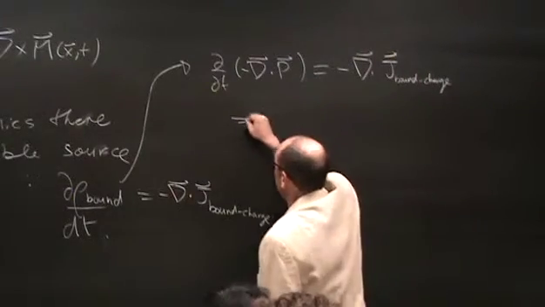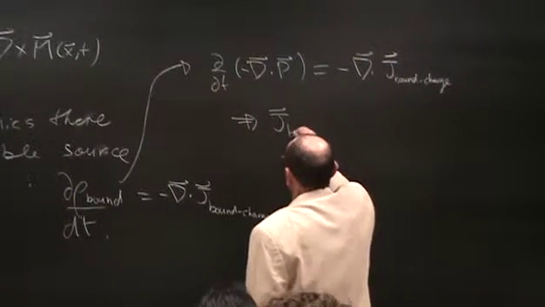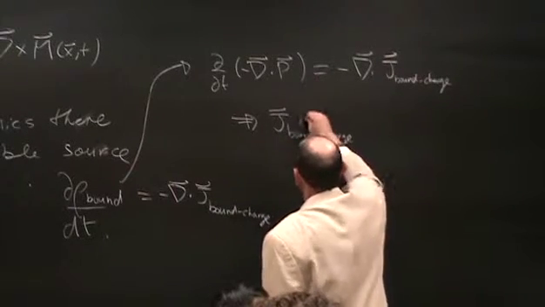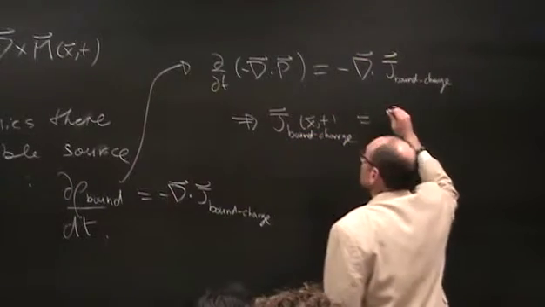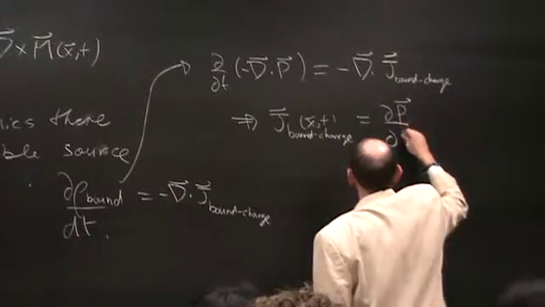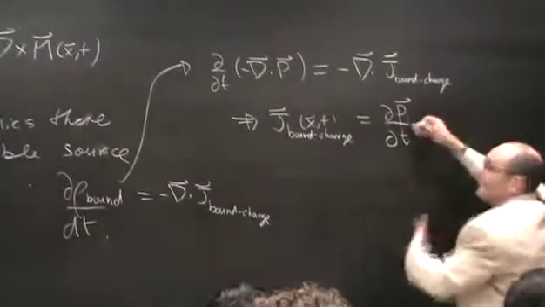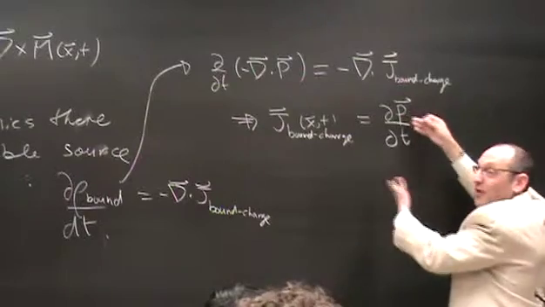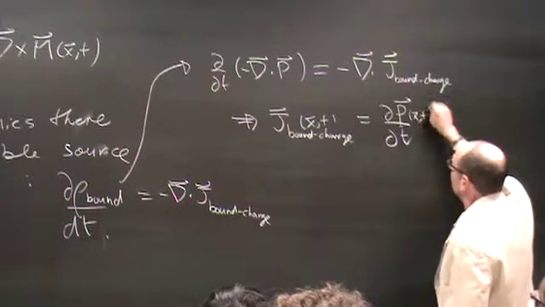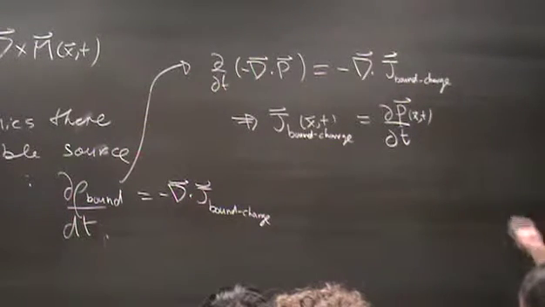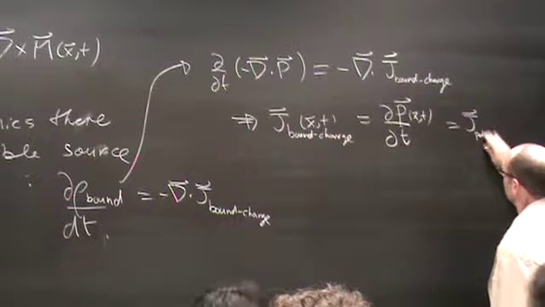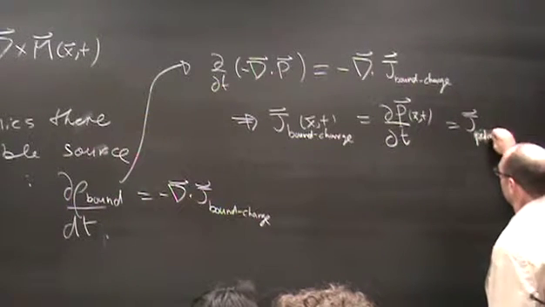And thus, we see that there is another source of bound current density, which is the time rate of change of the polarization. This is a very important contribution. In all of optics, this is the most important thing. All this other stuff is garbage. This is all we really care about. This is the polarization. So I'm going to simplify the notation a little bit and call this the polarization current.